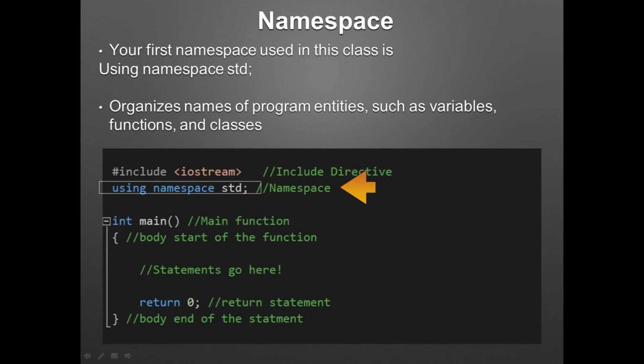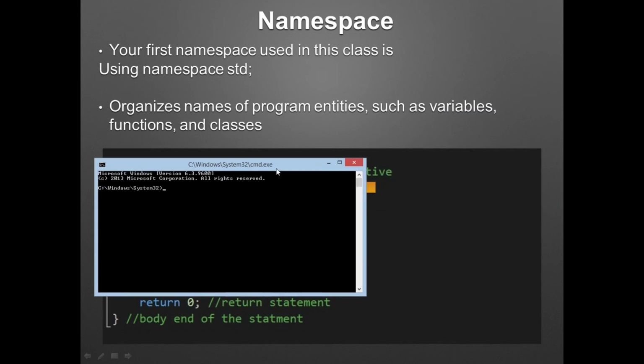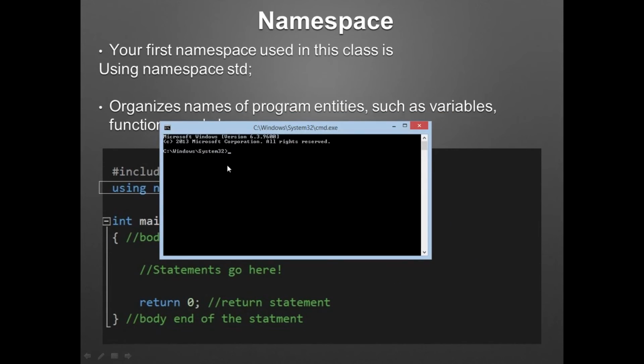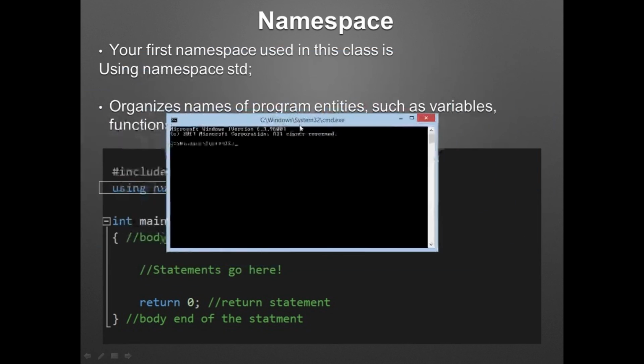And for those of you that don't know what a console window is, if some of you were old enough to remember old DOS and some of the earlier iterations of the older Windows operating systems, this window right here, when we build our programs inside of this course here, we're going to allow them to output text to this console window.